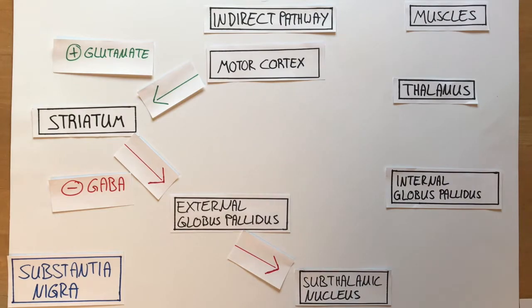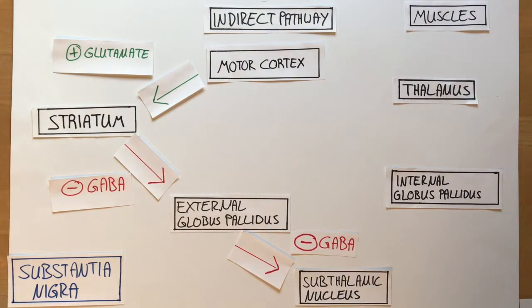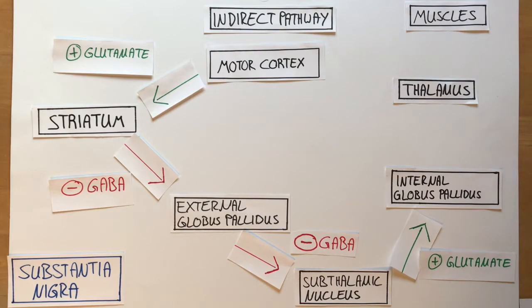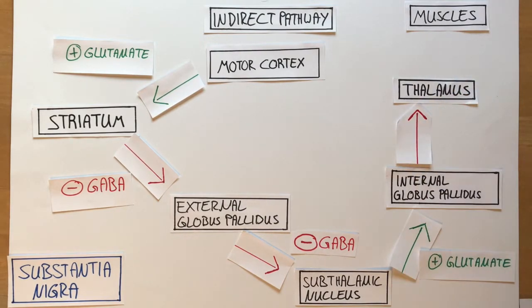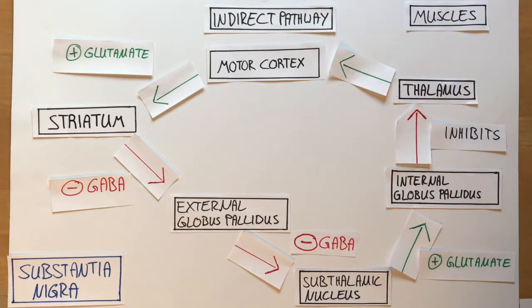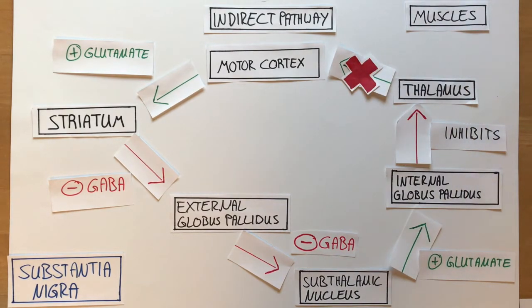The external globus pallidus inhibits via GABA the subthalamic nucleus. The subthalamic nucleus activates the internal globus pallidus, which then inhibits the thalamus. Since no excitatory signals can leave the thalamus, no muscle movement is performed.